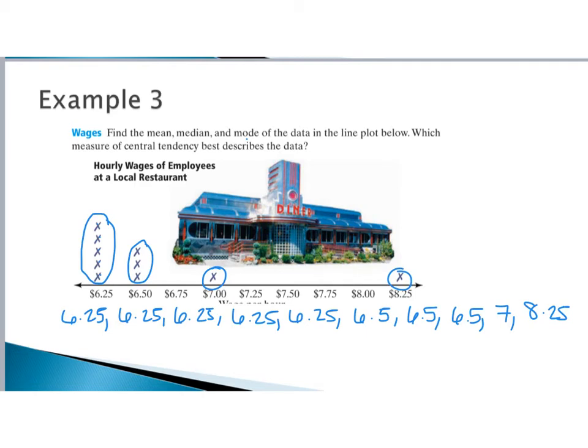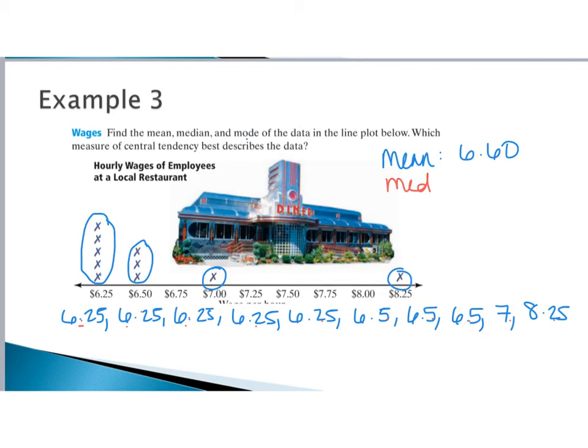So for our average, you are going to add all of those up. So our average or mean is going to be, I ended up with 6.60 when I calculated this. Then I had a median. Remember, median is your middle number. So we have 1, 2, 3, 4, 5, 6, 7, 8, 9, 10 numbers.